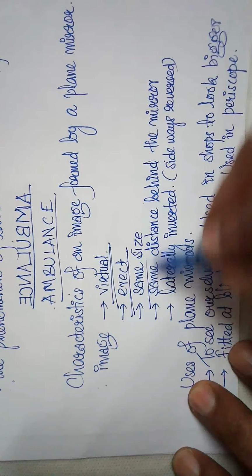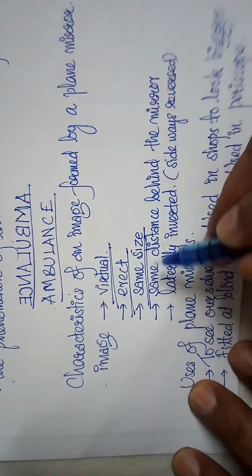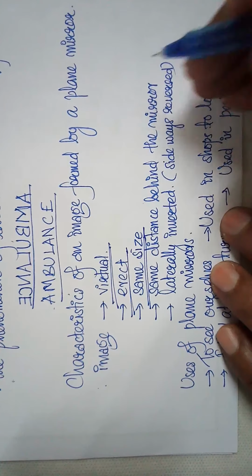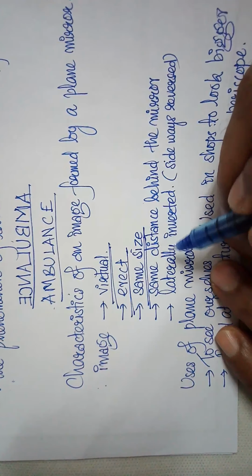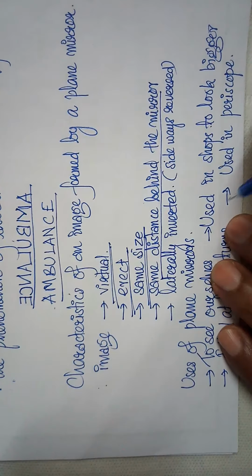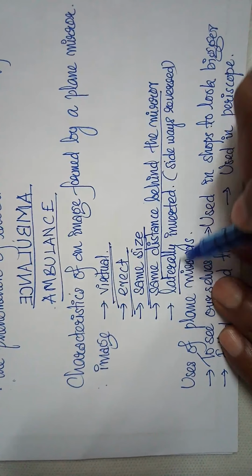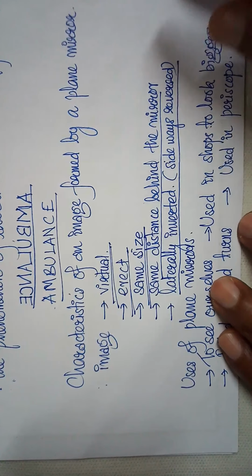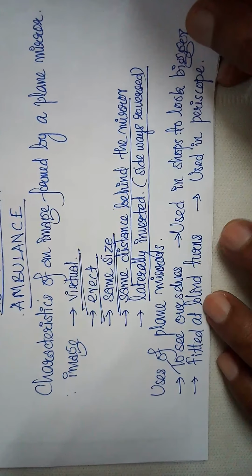The image formed by the plane mirror will have the same size. The image formed will be at the same distance behind the mirror. The image formed is laterally inverted or sideways reversed.